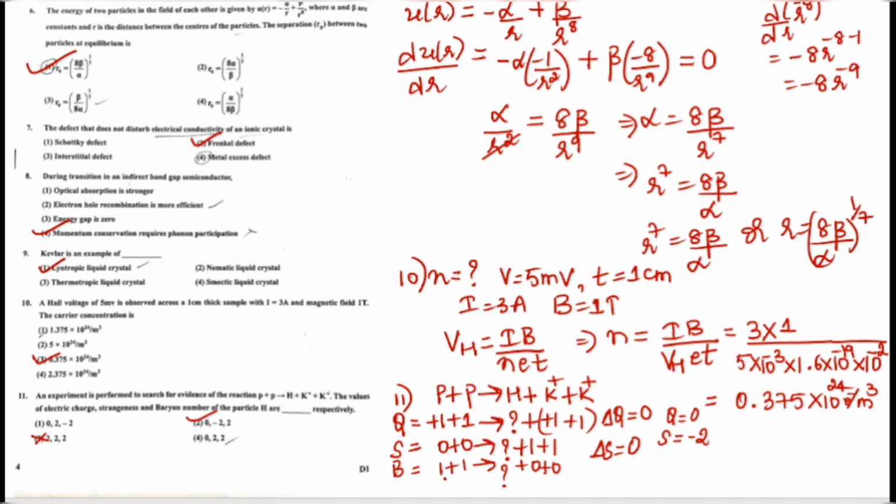So the answer, to keep delta B equal to 0, H should be equal to 2, that is, the baryon number for H should be equal to 2. So I get option B or 2 is the right answer. Yes, let us move to the next slide.